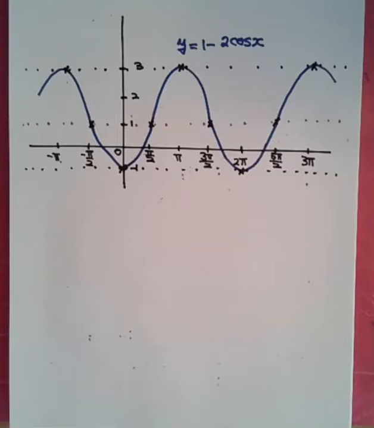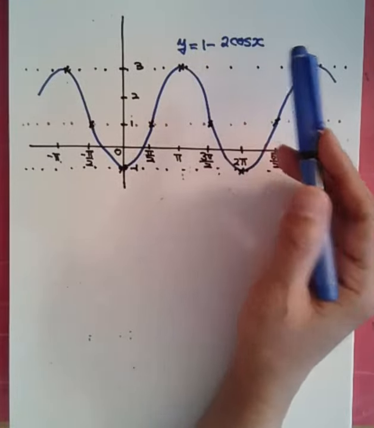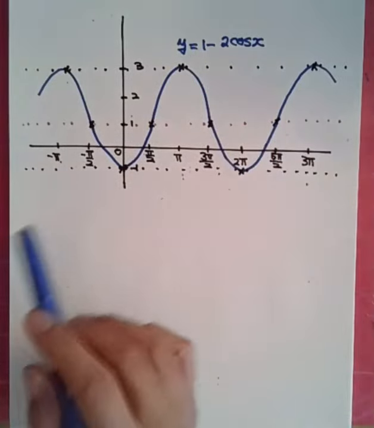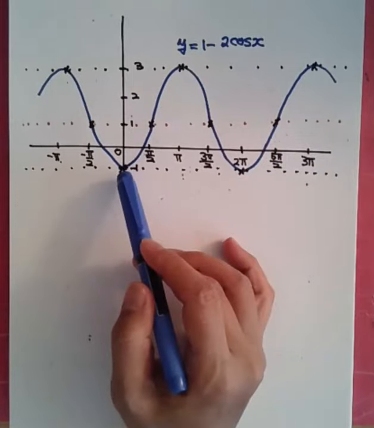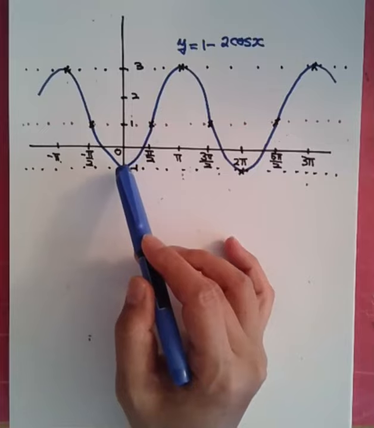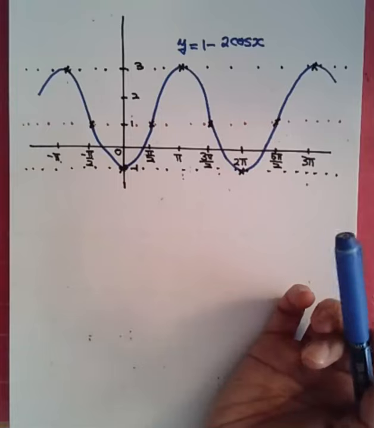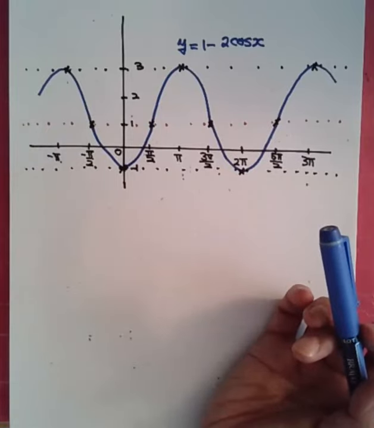If you combine all the information, then you will get this graph. The period of this function is the same as the period of the cosine function, so benchmarks are the same as in the cosine function. So it goes like 0, pi over 2, pi, 3 pi over 2, and 2 pi.